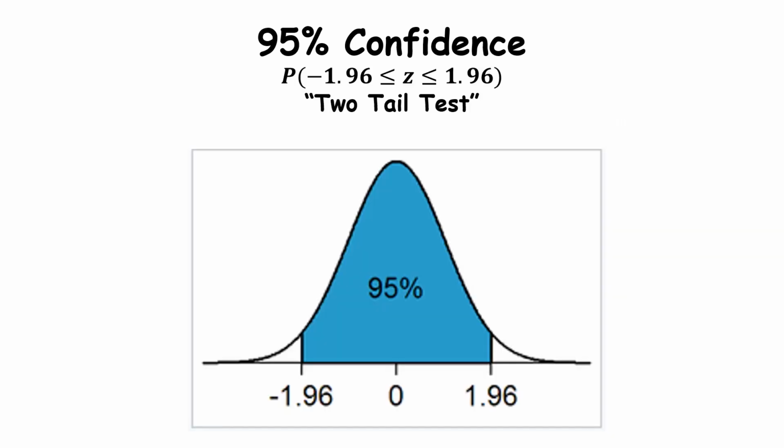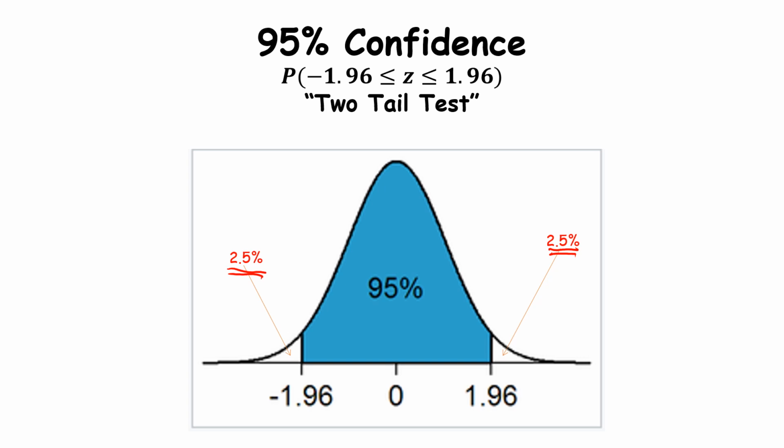So our normal distribution looks something like this. Because we're not taking either tail, and we just figured out in the last go that the one on the right was 2.5%, and because the normal curve is symmetrical, what's less than negative 1.96 will also be 2.5%.